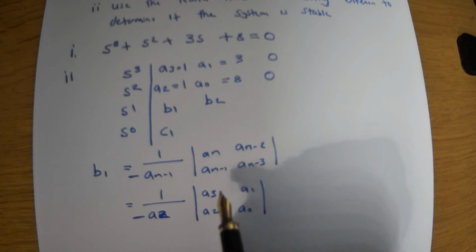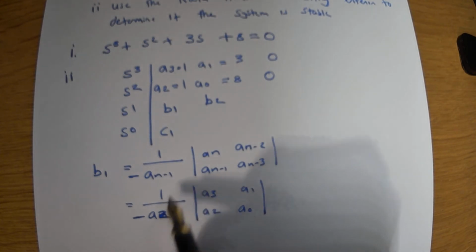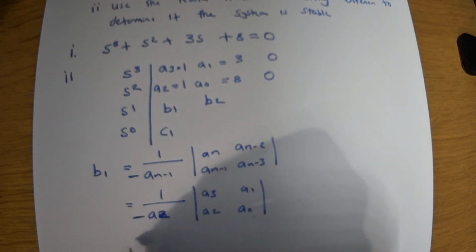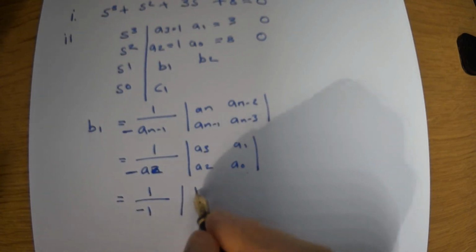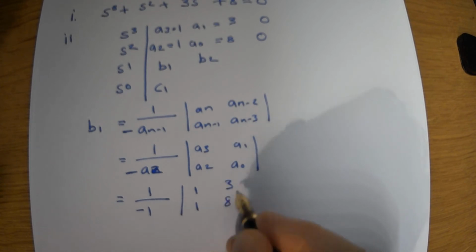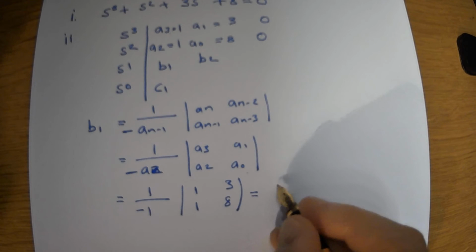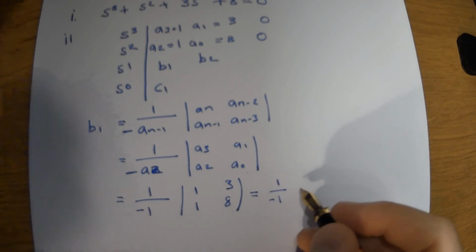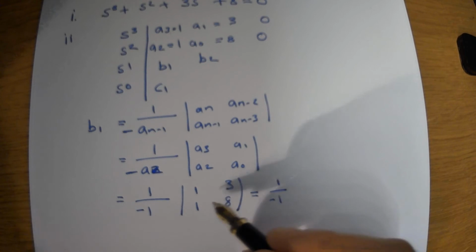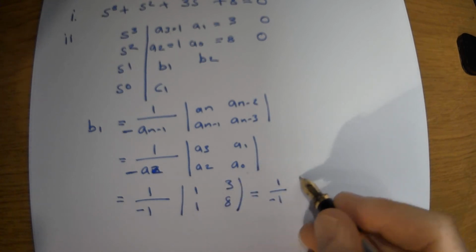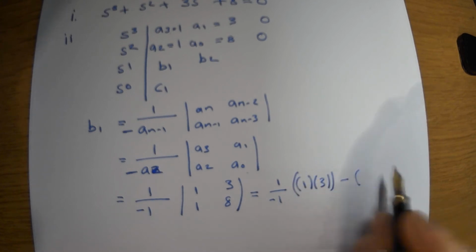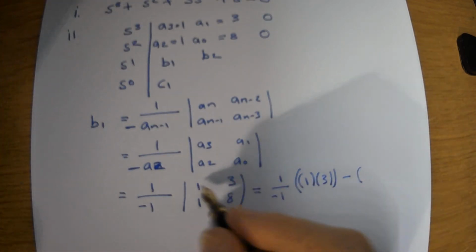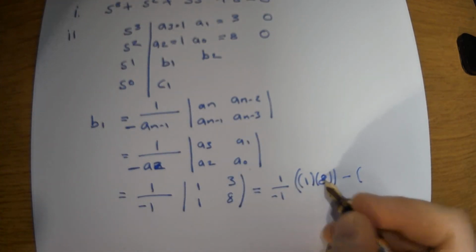If we populate this, you're probably noticing this 2 by 2 here is just the 2 by 2 here, and this term, known as the pivotal element, is just that A2 there, which has a value of 1. So if we put the values in, minus 1, and then 1, 1, 3, and 8, then undertake the calculation: 1 over minus 1, and then the determinant, which is 1 multiplied by 3, take away 1 multiplied by 8, excuse me, it's been a long day.